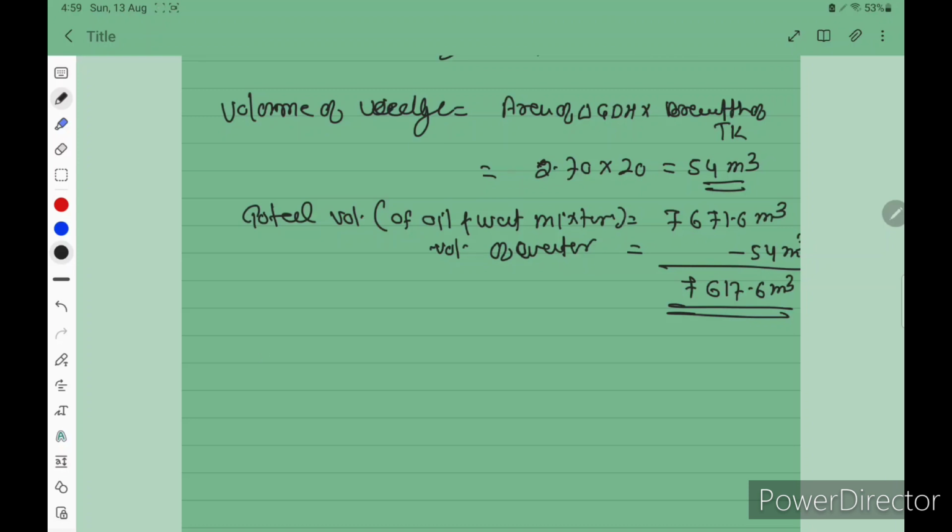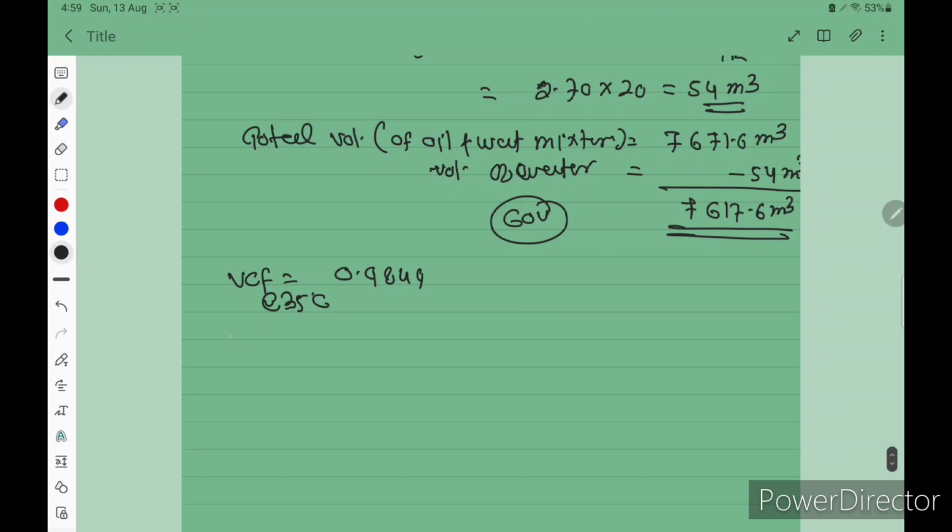This is also called GOV. Now we have to calculate VCF from the ASTM tables. So we get 0.9849 at 35 degree temperature. Now we calculate the net observed volume at 15 degree temperature, which is equal to GOV into VCF.